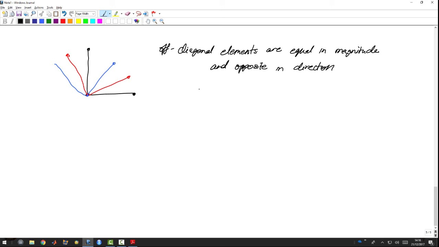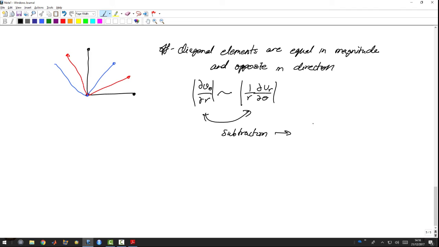Therefore del v theta by del r and 1 over r del v r by del theta will be similar but opposite in direction. So subtraction of these will give us an idea about local rotation.